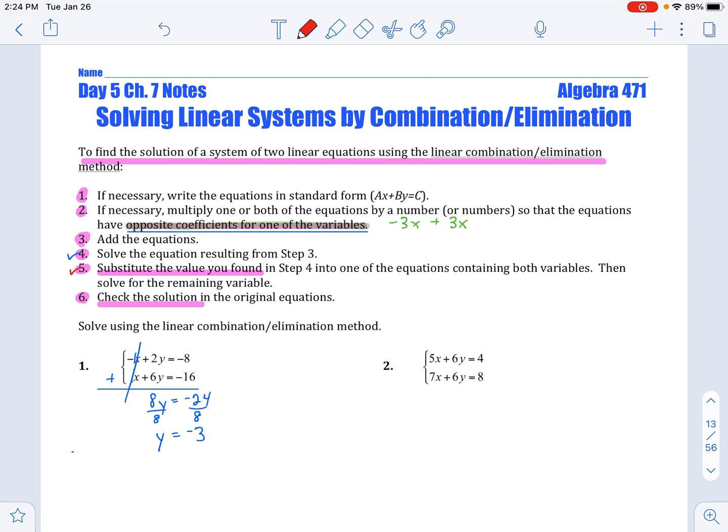I'm going to substitute into the second equation, so I'll note here, plug into the second equation. I'm going to take this negative 3 and substitute it in for y. So I get x plus 6 times negative 3 equals negative 16. I get x plus negative 18 equals negative 16. Add over 18, and I get x is equal to 2.